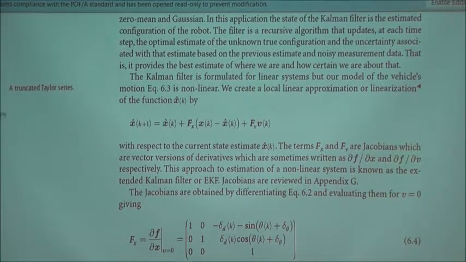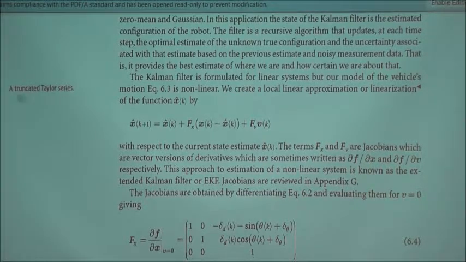We use a Taylor series expansion here, and we linearize equation 6.3, which you saw before, involving cosines and sines and many other nonlinearities, so that the approximate estimate of the pose of the robot at k plus 1 is the old position plus a Jacobian matrix.